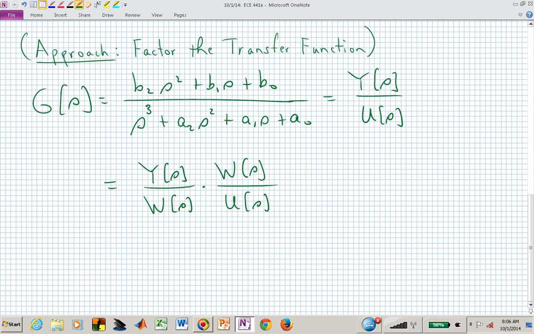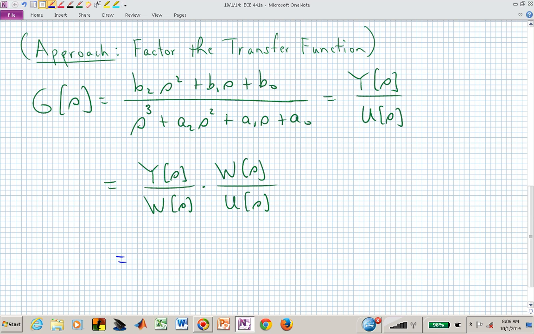In a sense, we haven't changed anything, but what we do want to do is now partition or associate pieces of our original ratio of polynomials with these two factored forms of our system.